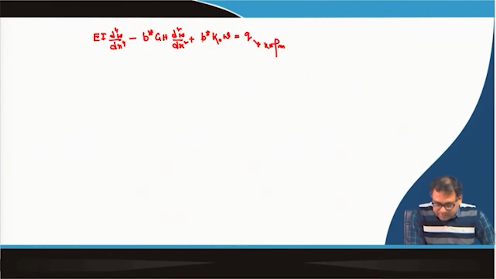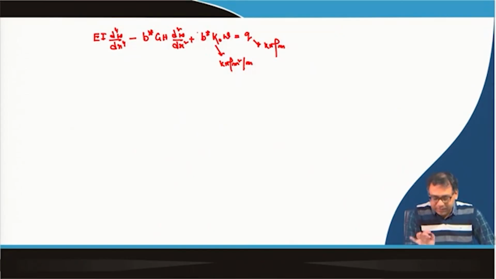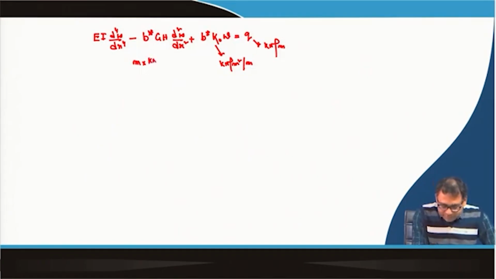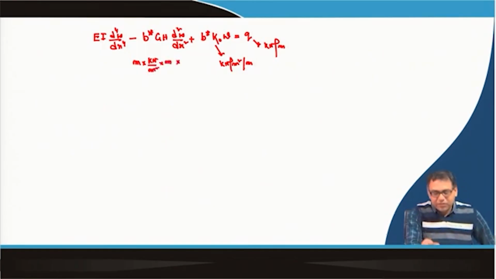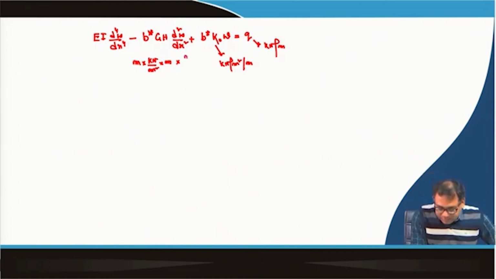So, here B is meter, K is kilonewton per meter square per meter, into meter. So, this is also kilonewton per meter. Now, this term: B is meter, then G is kilonewton per meter square, H is meter, then this is d square W by dx square, W is meter, x square is meter square.